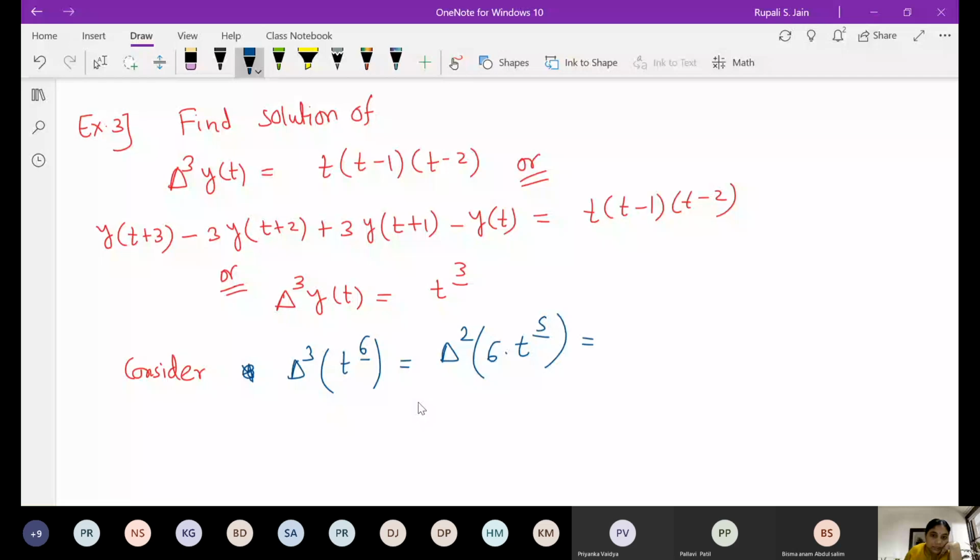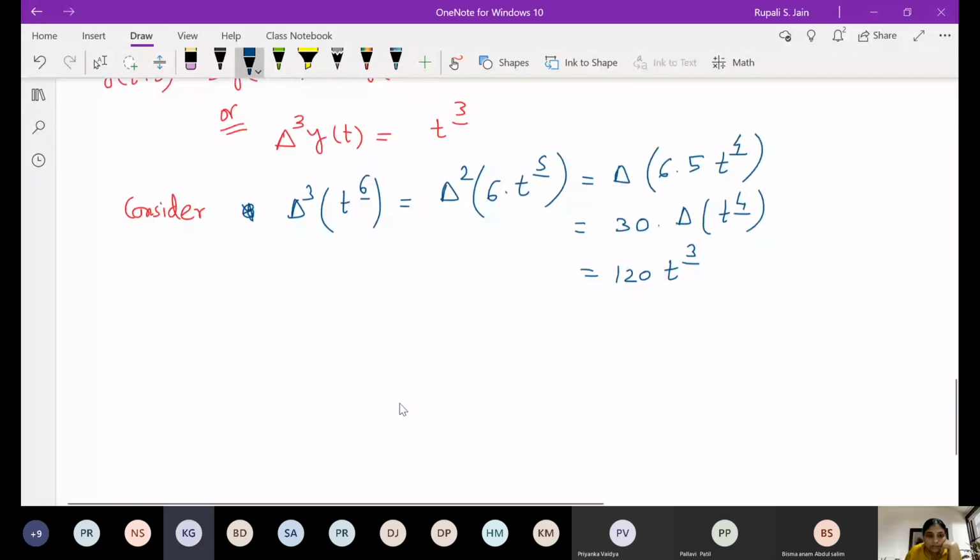Then again apply delta. 6 we can take out, or we can keep here also. 30. Now delta of this, so 5 times t to the 4 falling, and 30 if I take outside, delta t to the 4 falling, and 30 into 4, 120, times t to the 3 falling.